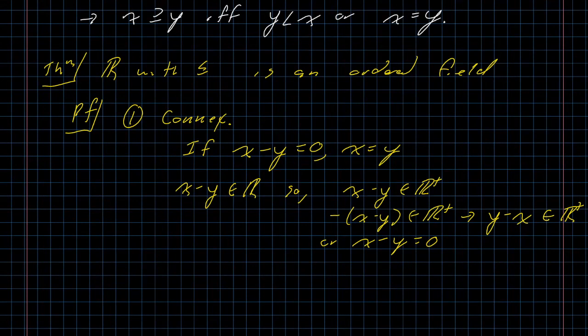If x minus y is positive, then that means that y is less than x. If y minus x is positive, that means that x is less than y. And if x minus y is 0, that means that x is equal to y.